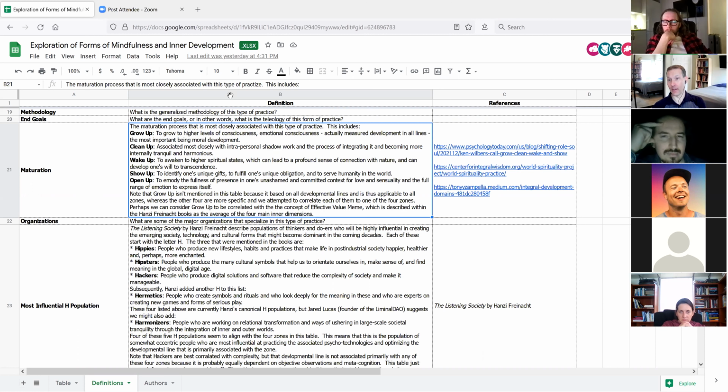You can talk to people who aren't deeply adept at metamodernism and say, yeah, we want to grow up, we want to clean up our lives, and that's it. It's about meeting people where they are on the sophistication spectrum, so there is probably wiggle room for us to redefine what grow up means so that it comports with the concept of the effective value meme. That's just a suggestion.